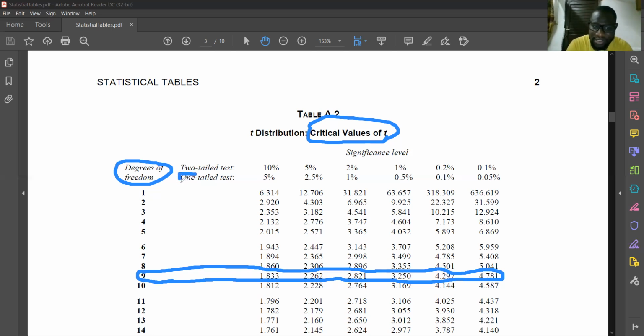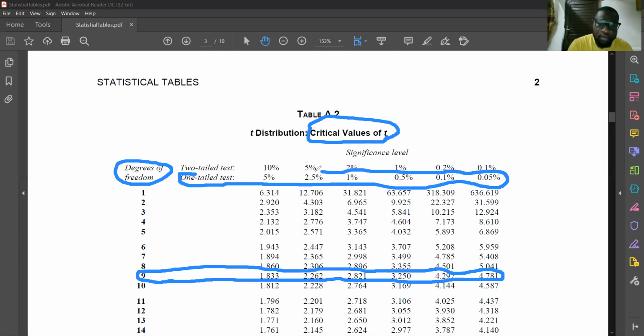So we are supposed to select one of these levels of significance. Then again, you ask yourself, which one? We're able to decipher that our level of significance is 0.05.